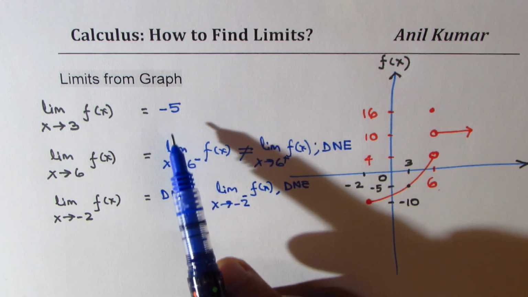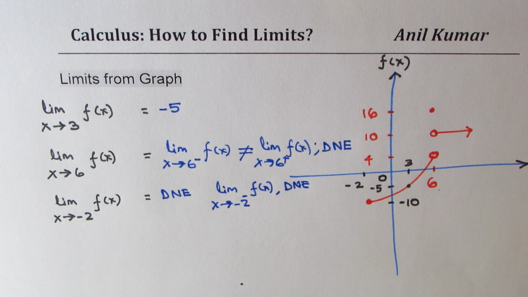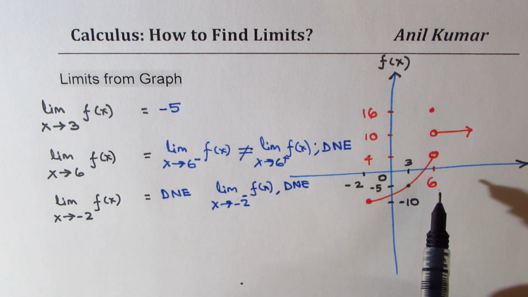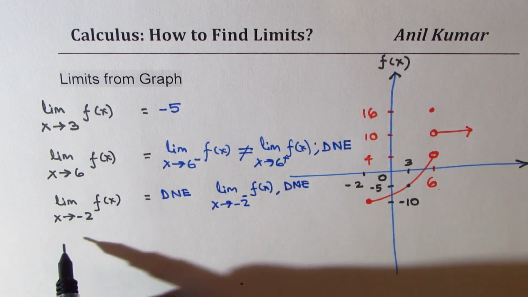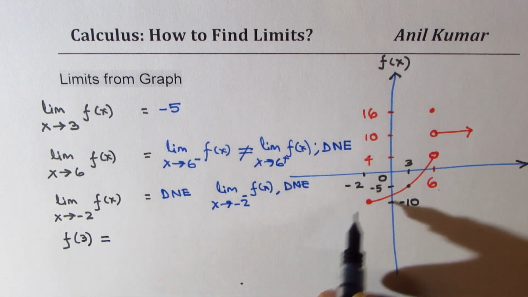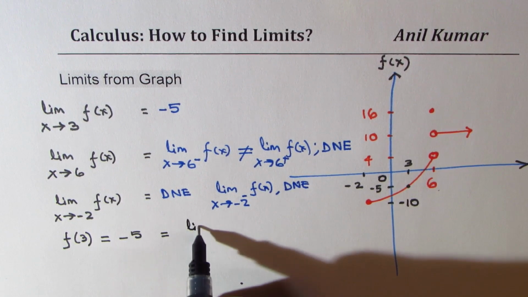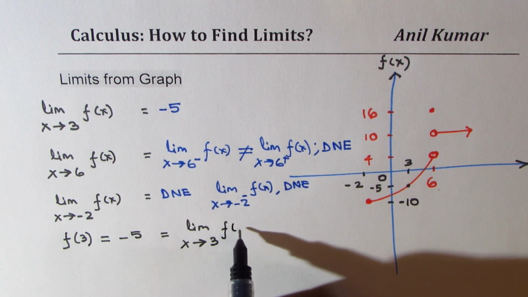Now here, a few important things you will see. Let's highlight those. What is the value of the function at 3? The value of the function at 3 is equal to -5, and it is also equal to the limit as x approaches 3 for the function.